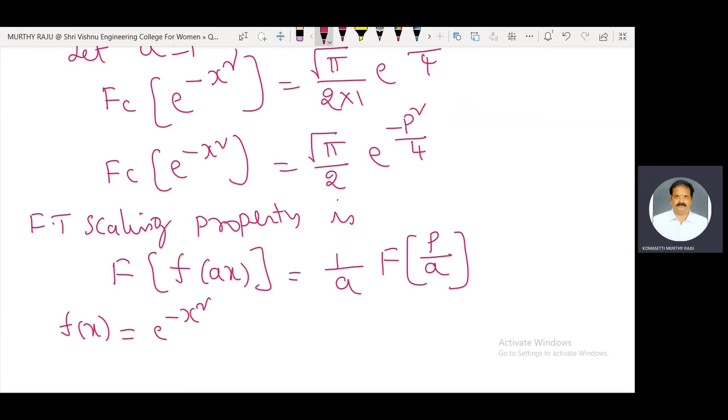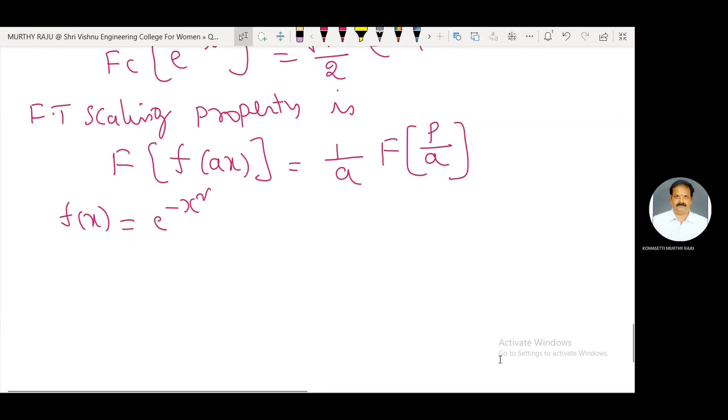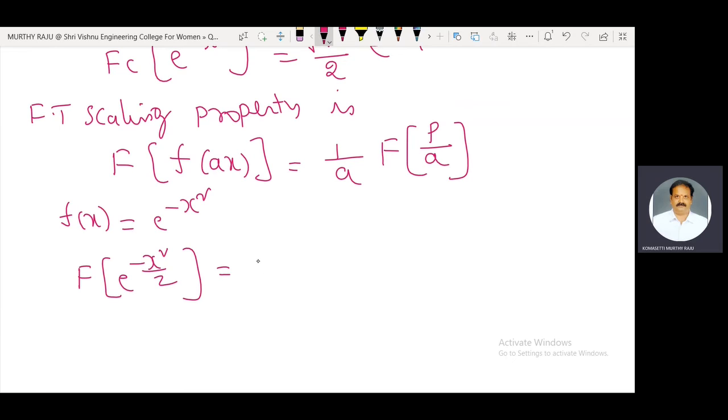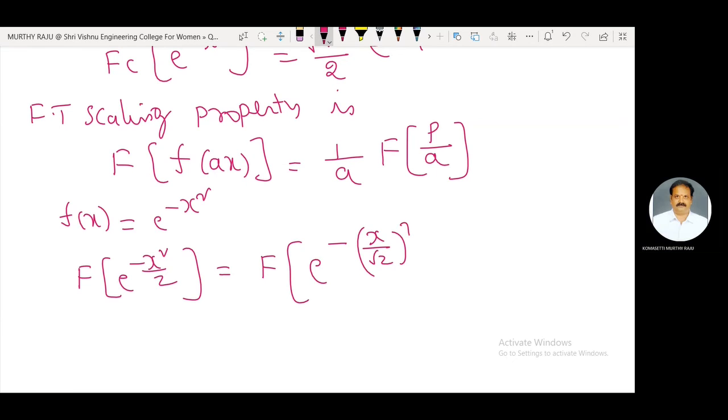The given function is Fourier transform of e power minus x square by 2. Here e power minus x by root 2 whole square.